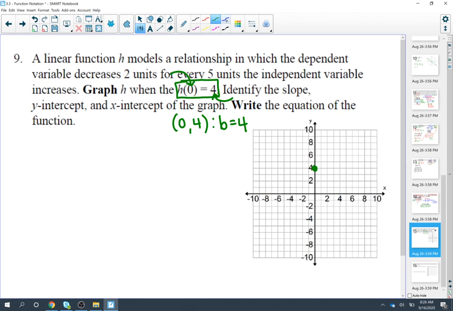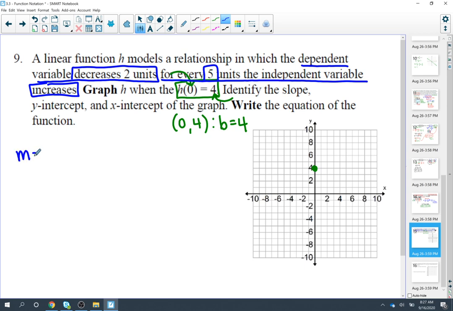Now, the other thing they tell us is that my dependent variable decreases 2 units for every 5 units that the independent variable increases. That's telling me something about my slope. Slope is the change in y over the change in x.